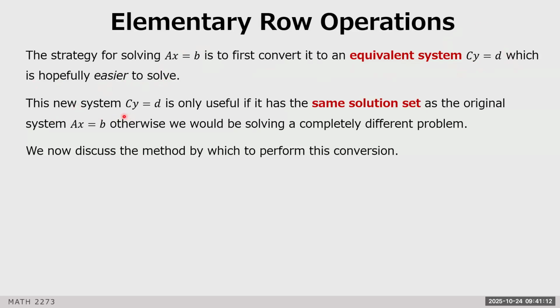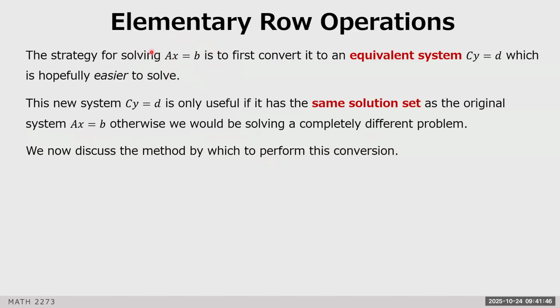Now this new system, Cy equals d, will only be useful if it has the same solution set as the original system. Otherwise, we are solving a completely different problem. So we're now going to discuss a method by which we do this. So what is our target? We start by wanting to solve Ax equals b, where A might be some complicated looking matrix that is difficult to solve.